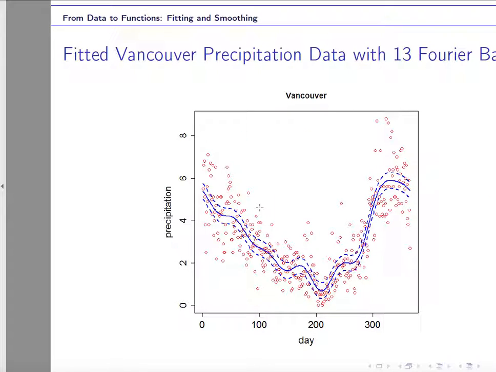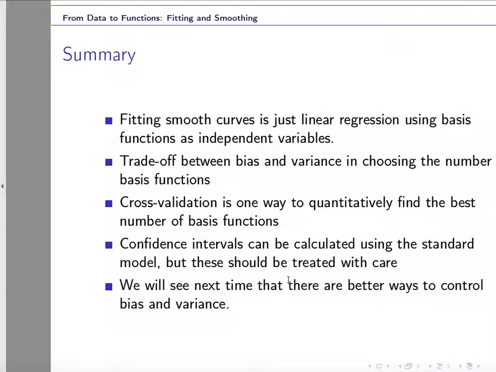So here is an example. This is the estimate for the precipitation curves, and the dashed line is the confidence interval when we use certain Fourier basis functions. So here is a summary of the procedure.